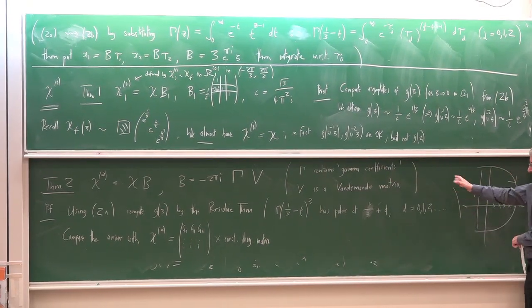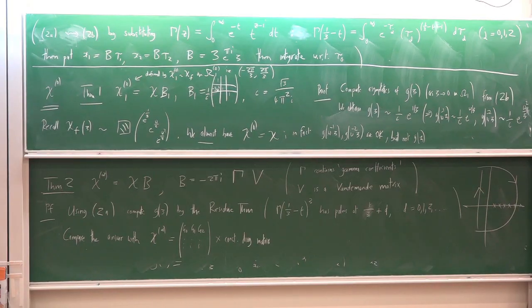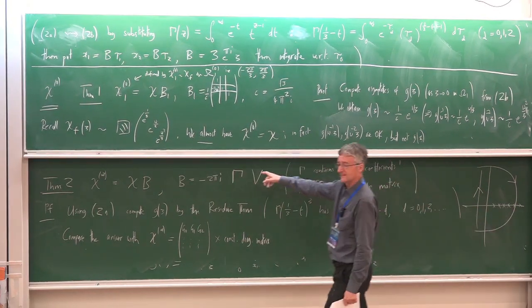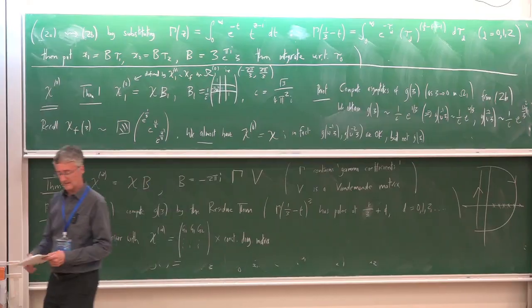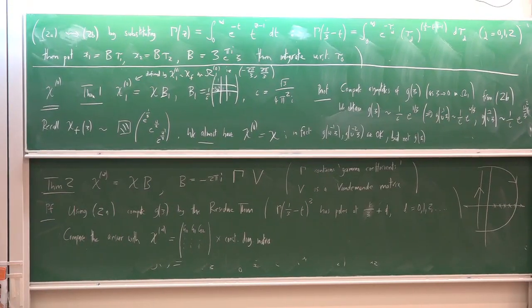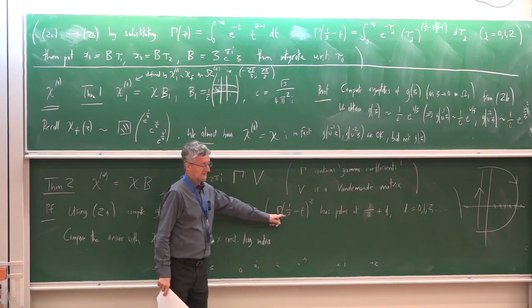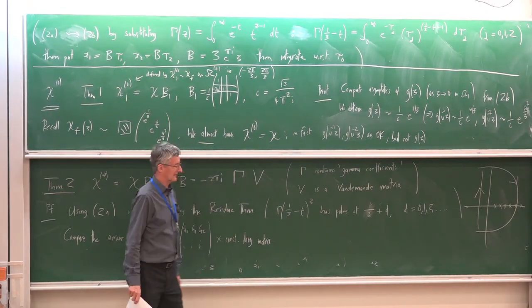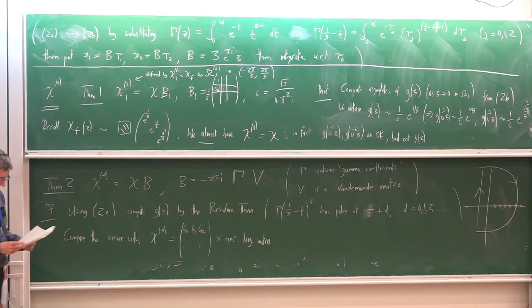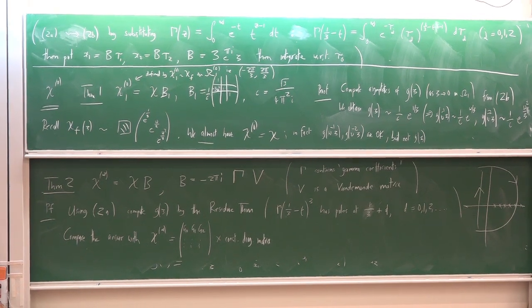So if you compute this and compare it with that, you find this matrix B. So it's a bit complicated because of course it contains the residues of this function, right? So gamma coefficients will appear. But we can do that. So then we get the connection matrix.